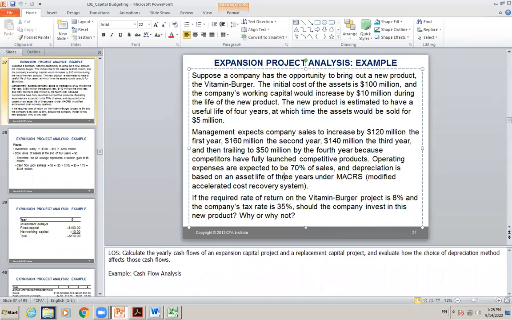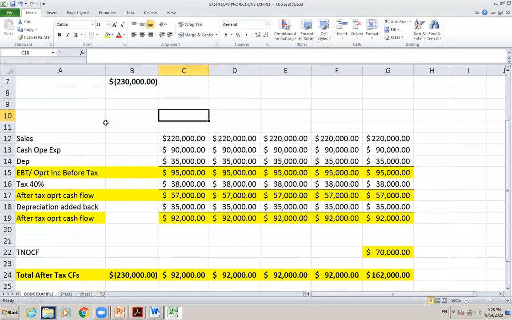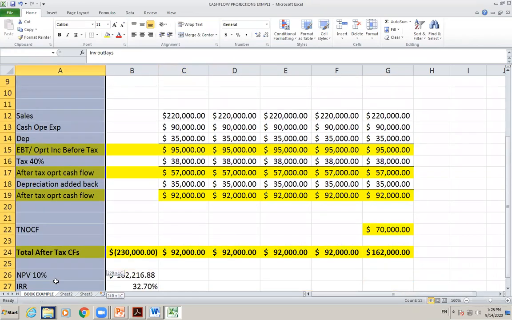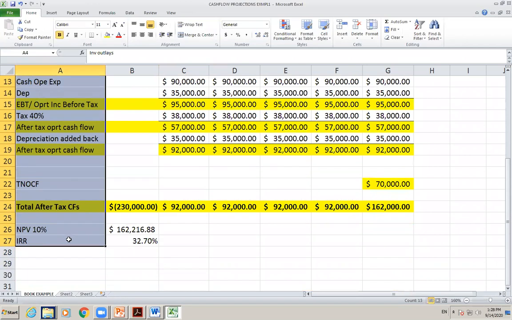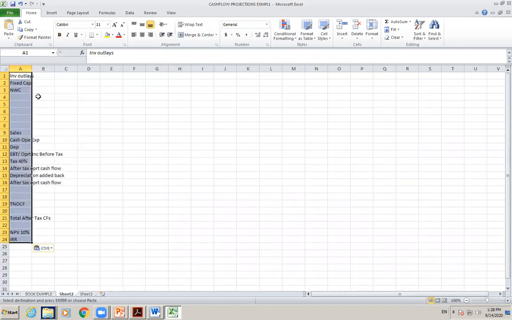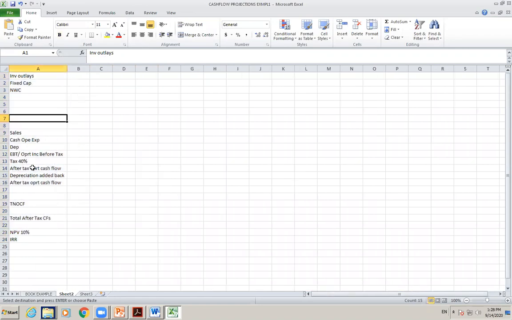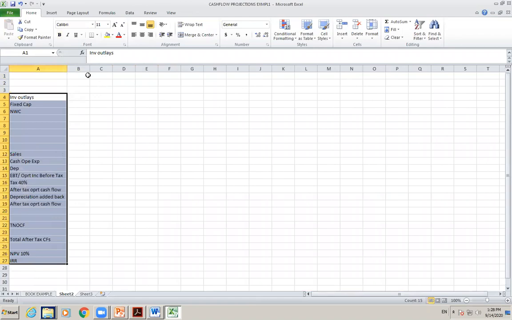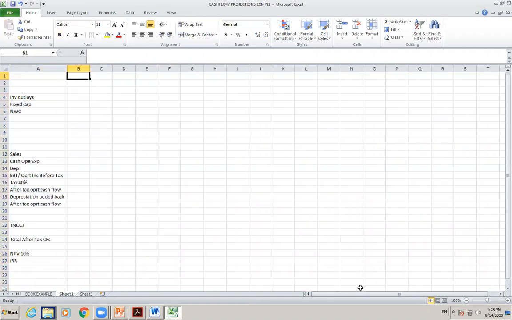In order to do that, we need to estimate the cash flows, the same way that we used to do it. We're using the same structure to calculate. So you can just copy this, go to the second sheet here, and put it here, everything. Now, initial outlays, bring it down, and the number of years are 0, 1, 2, 3, and 4.